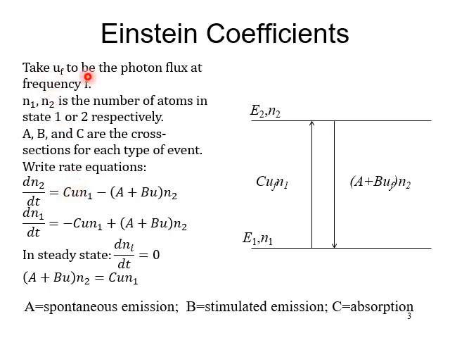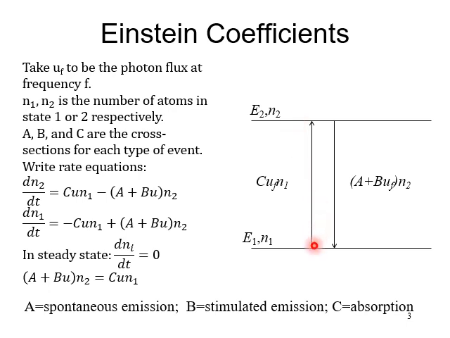So we're going to take U to be the photon flux at a particular frequency F, the flux of photons at the frequency that induces the transition, times the number of atoms that are in the lower state, times this cross section, which is the probability, if a photon interacts with an atom, that the excitation is going to occur.